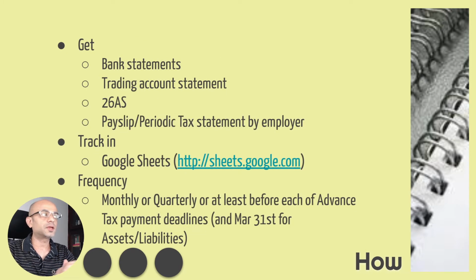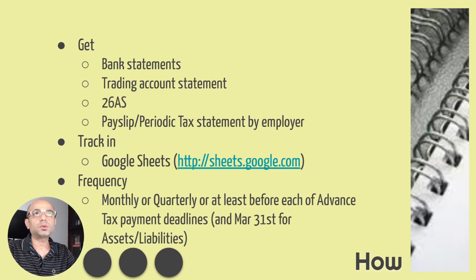And how can we do this tracking? You need to get the details through bank statements and any trading account that you have either in India or outside India, through your employer, and 26 AS that you can download from the income tax website, which will indicate the TDS deducted by various entities.